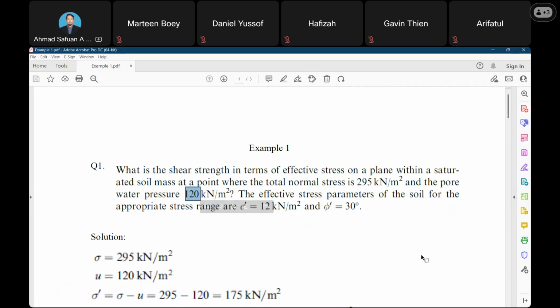To get the effective vertical stress, 295 minus 120, so the value is 175.